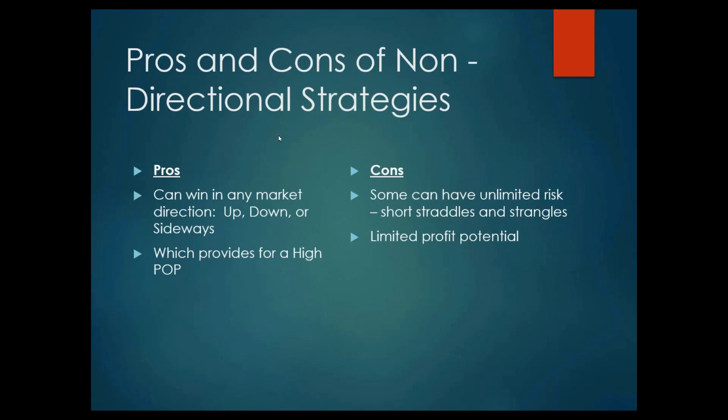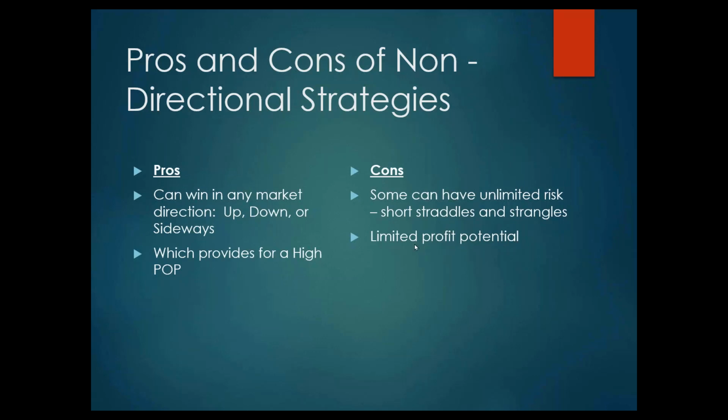Pros and cons of non-directional strategies. Pros: can win in any market condition, up, down, or sideways, which provides for a high or at least much higher probability of profit than most directional strategies. However, the cons are some can have unlimited risk if you're selling naked short options, such as straddles and strangles, and even the SWIC, the single winged iron condor that I mentioned earlier, has a naked component to it.